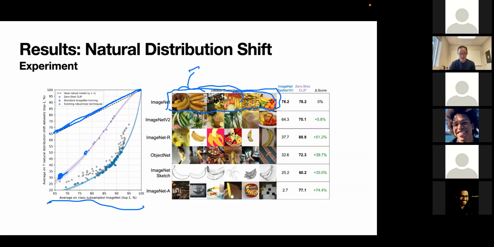As for the comparison, in the standard ImageNet, as we see, if we sample under 95% of one class, the performance will be as bad as 16%. And if we sample more than 95% of the data, the model's performance will increase dramatically.